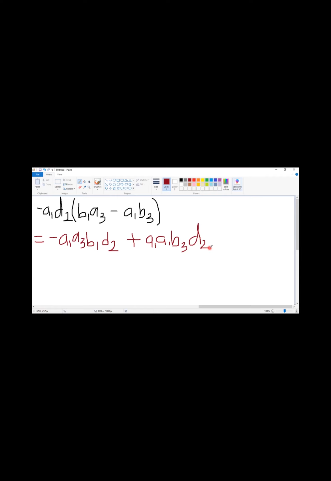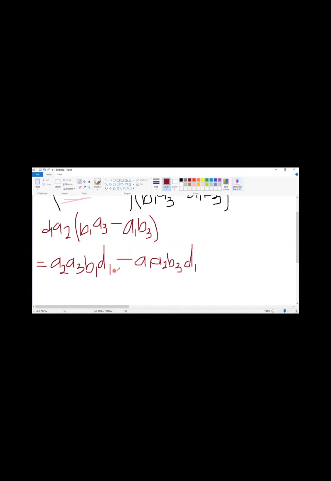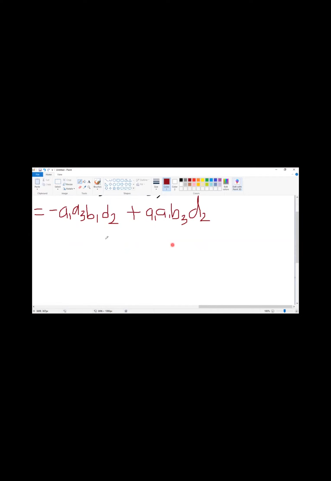So that's it. In multiplying these two brackets, we have this. And then we join the two together. Remember, we have this here plus this here. So we bring them together and we proceed.